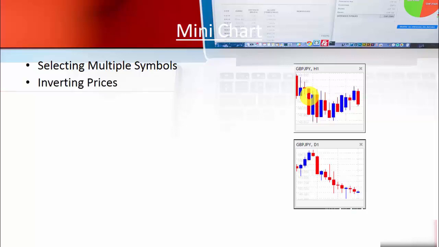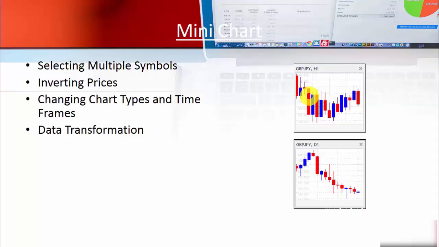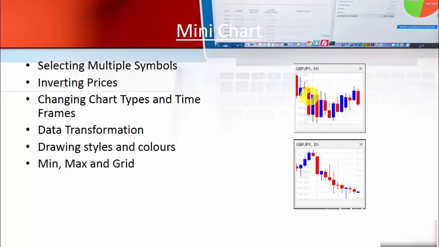It gives us inverted prices, changing chart types and time frames, data transformation, drawing styles, colors, minimum, maximum and grid, zoom in, zoom out, size and position, and indicators also. We can have 10 types of different indicators in this mini chart. So the mini chart is very interesting and unique in its own way.